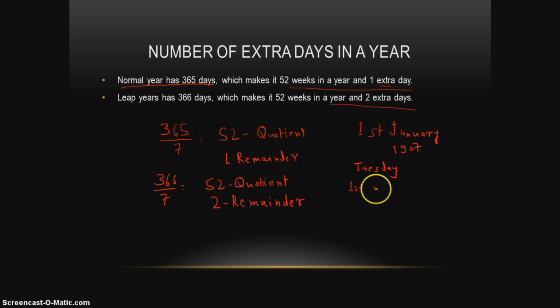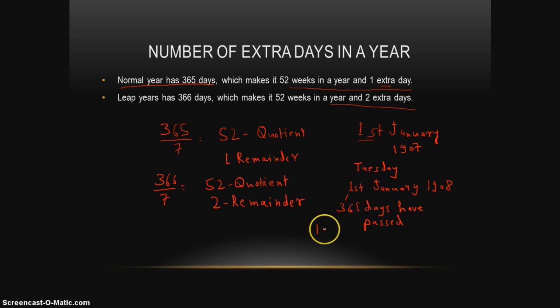So if I calculate the total number of days from 1st January 1907 to 1st January 1908, 365 days have passed.